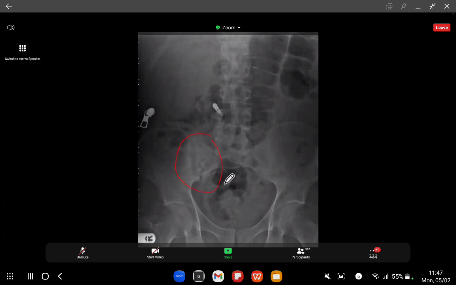So if you have unilateral sacroiliitis, what is the diagnosis? It's almost always infection. Now, it can be seronegative arthropathy, but it's almost always infection that causes unilateral sacroiliitis.